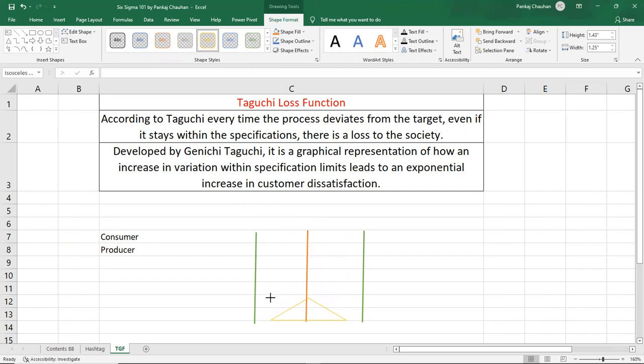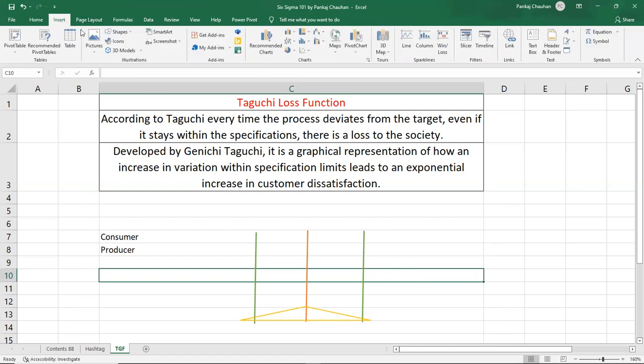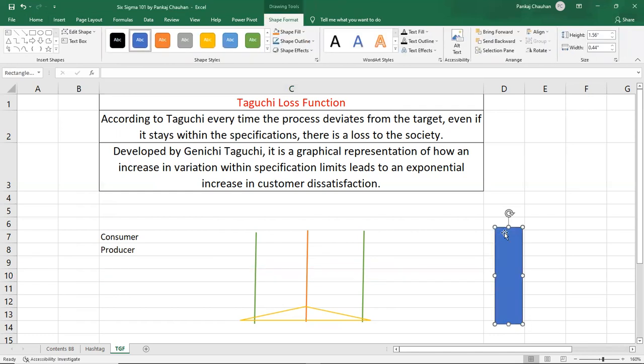So you see the performance. If it is going here, it is expected that the performance will move to the left side or the right side because the spread is increasing in the process. If the spread in the process is increasing, then looking at the loss to society, the loss increases, like this, going down and down, which means the variation is increasing.